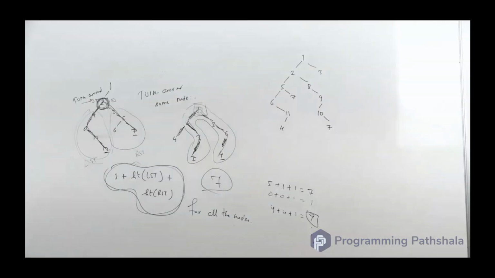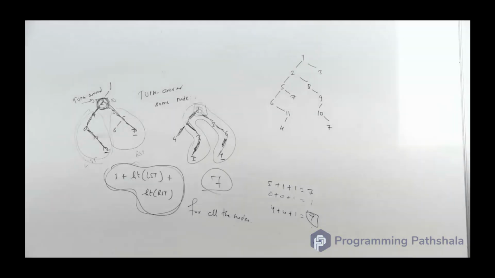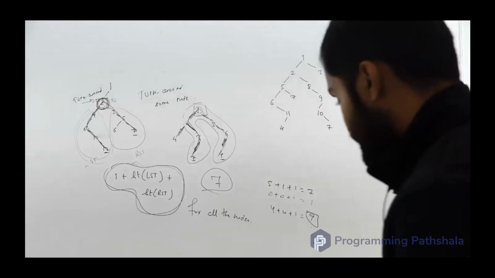You can very easily code this idea if you remember how I had written the code for finding height of a tree. Height of the tree rooted at root is equal to 1 plus maximum of height of the tree rooted at root left, comma, height of the tree rooted at root right. Okay, so I'm going to write something on the board, guys.